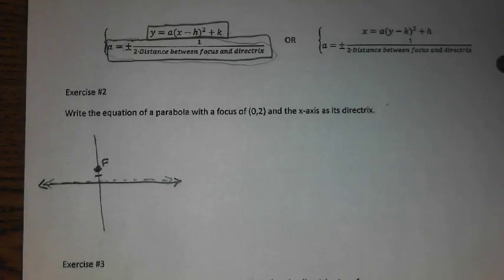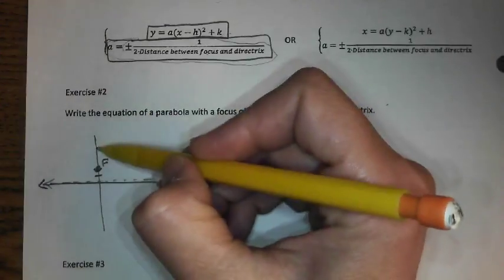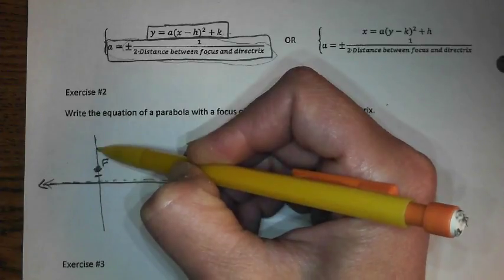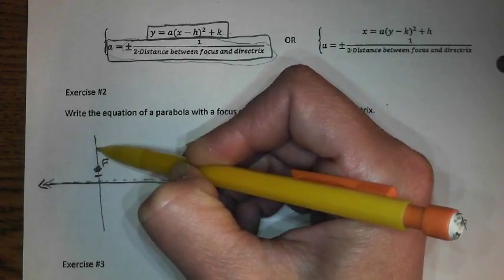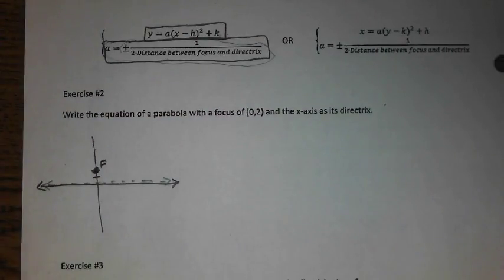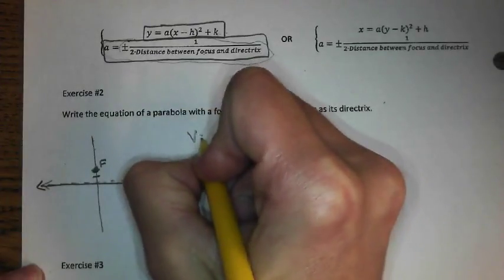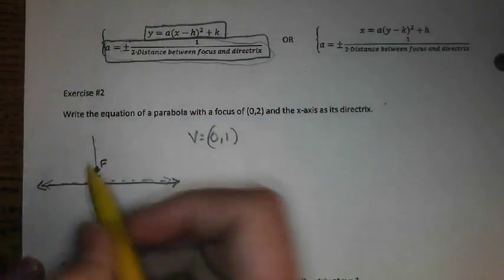The first thing you have to do is come up with the vertex on your own. Where is the vertex? Kaylee M. Is that vertex up here, 0, 4, halfway between the focus and the directrix? No, what is halfway between the focus and the directrix? 0, 1. Your vertex is 0, 1. Get that down.